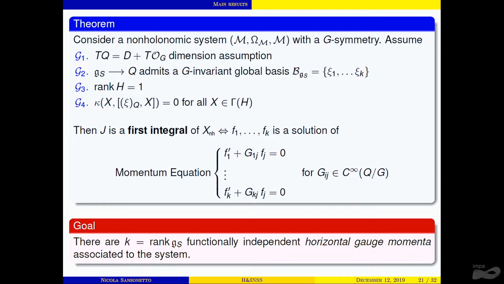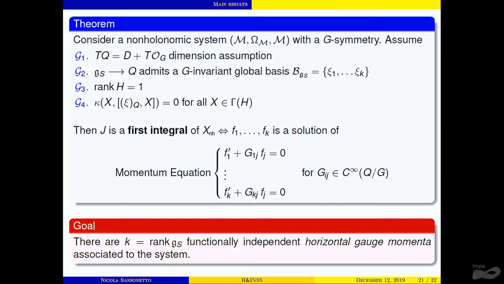So what happens is that if these four conditions hold, we have K, which is equal to the rank of GS, or if you prefer the rank of S, functionally independent horizontal gauge momenta associated to the system. So we have been able to produce a precise number of first integrals, which is the intersection of the distribution with the tangent space to the group orbits, of first integrals out of a symmetry.